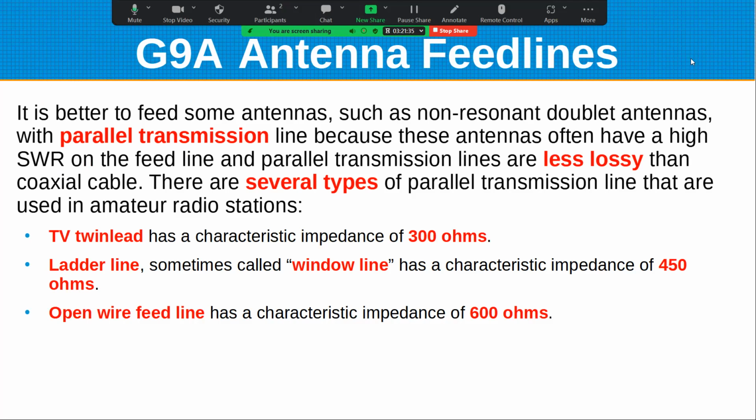Feed lines. Sometimes it's better to use a parallel transmission line feeding some antennas. And they're talking in this example about a non-resonant doublet antenna. Byron, tell me what that is.